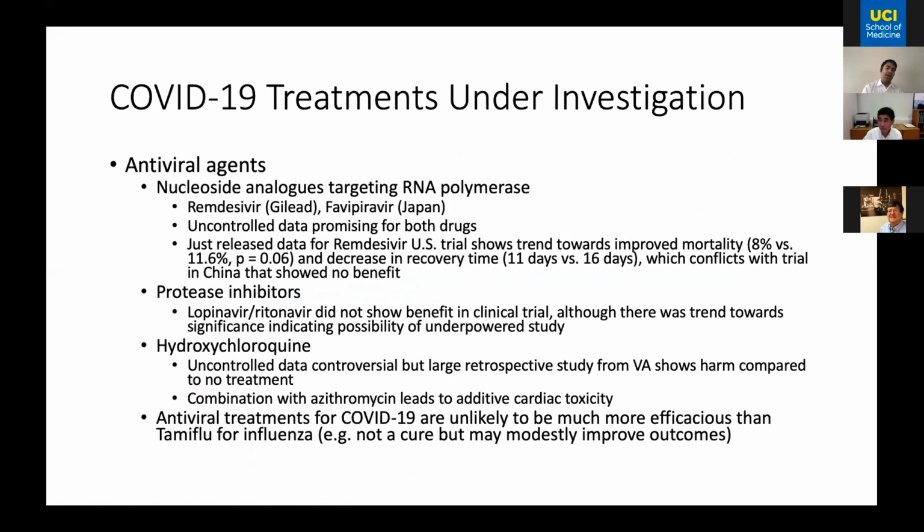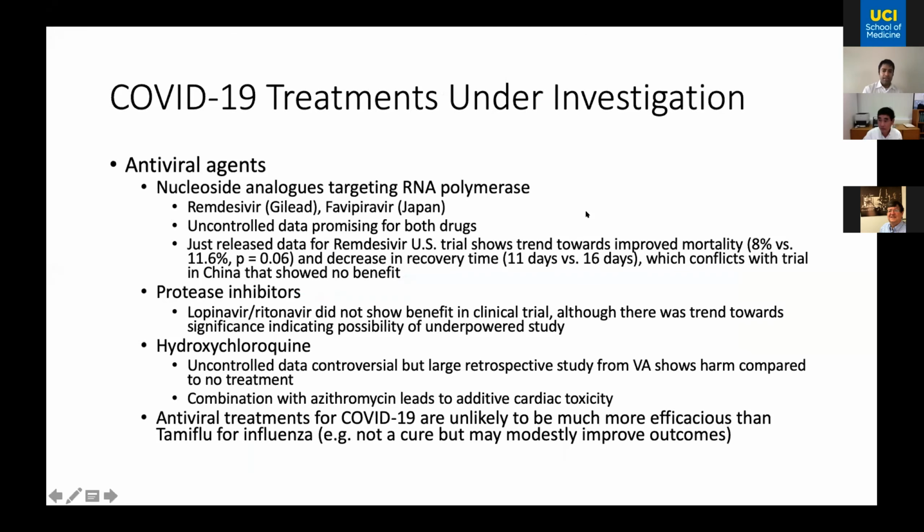I'm going to talk a little bit now about some of the antiviral agents, just quickly to run through. So you may have heard of remdesivir. Some interesting data came out yesterday from a US trial of remdesivir. Actually, UCI is one of the sites for this trial. This showed a trend towards improved mortality. They did an interim analysis based on the first, I believe, 100 or so patients that were enrolled.